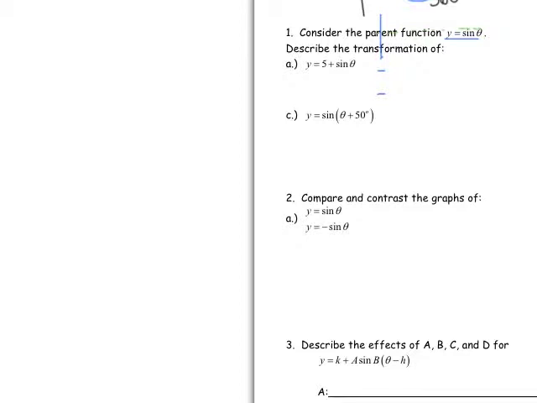This is going to be negative 50, and if the period is still 360, then I'm going to be 50 less than that, so that's going to be 310. So now I'm starting at the negative 50, and I'm going to come around this way. So this green represents 50 moved over to the left.